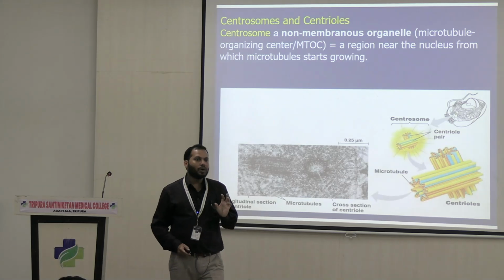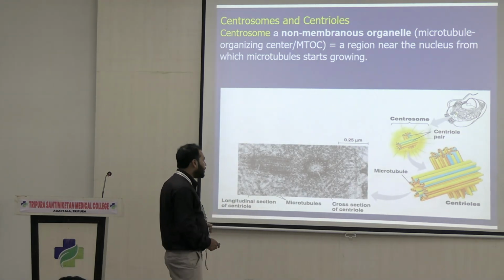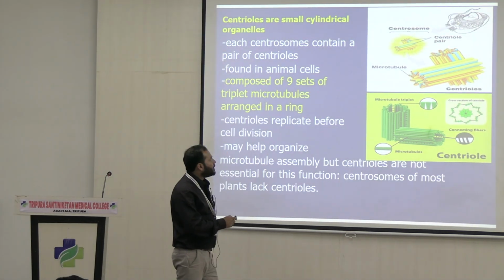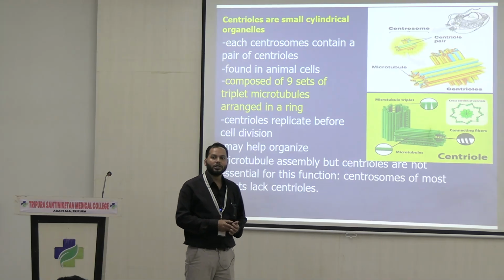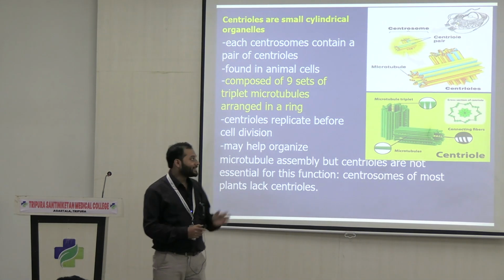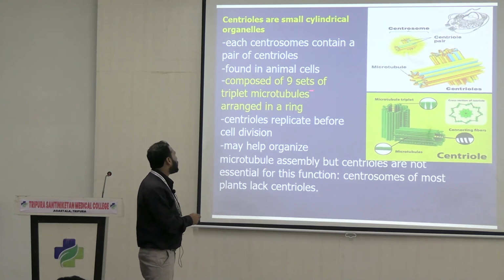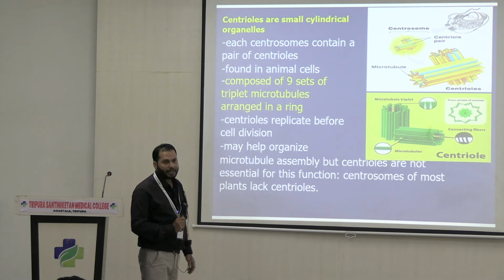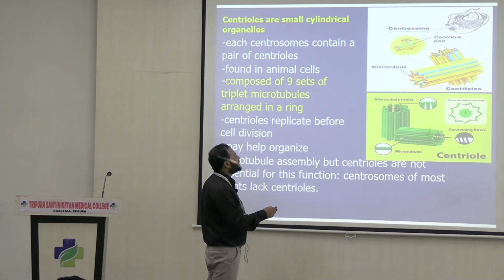Now we'll see what is the exact structural basis of the centriole. Here, see, a centriole is mainly made up of microtubule fibers. In a single centriole structure, you can see it is composed of 9 sets of triplet microtubules arranged in a ring. See here, this is a single triplet.